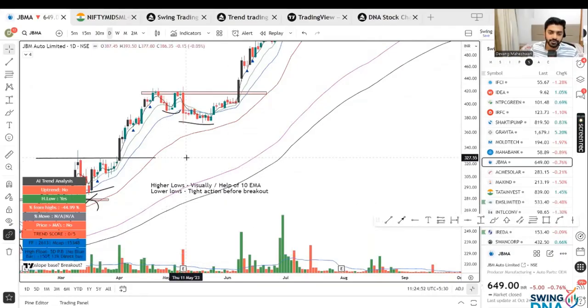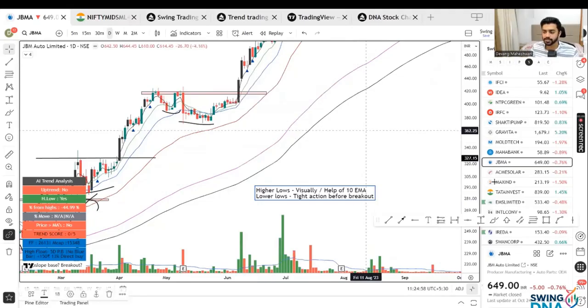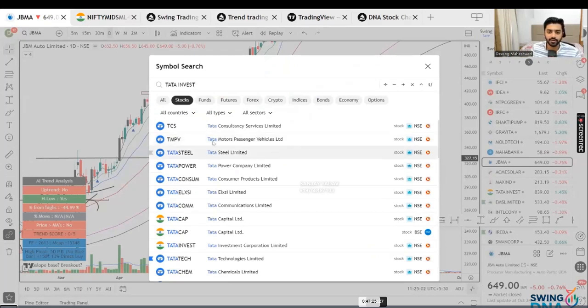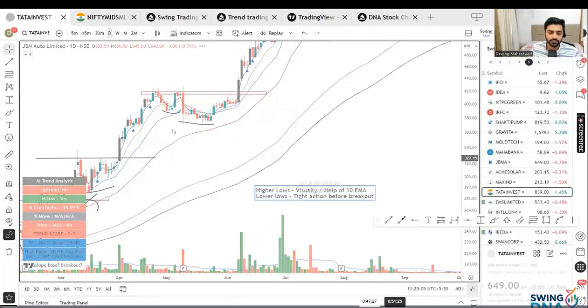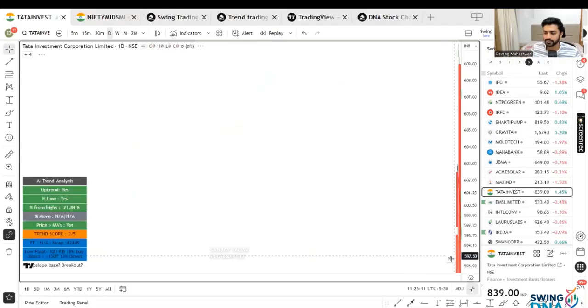Here also, if it's a lower low, you have to see this part manually. If before breaking out it's a tight action, let's see Tata Investment and apply this. How to get access to the indicator, I have not talked about it yet. I will talk when the time comes. Till then, just understand the usage.